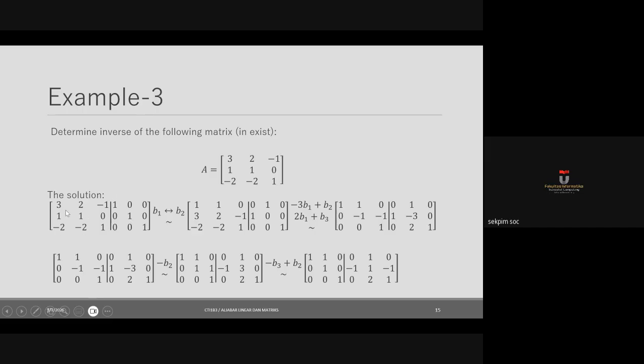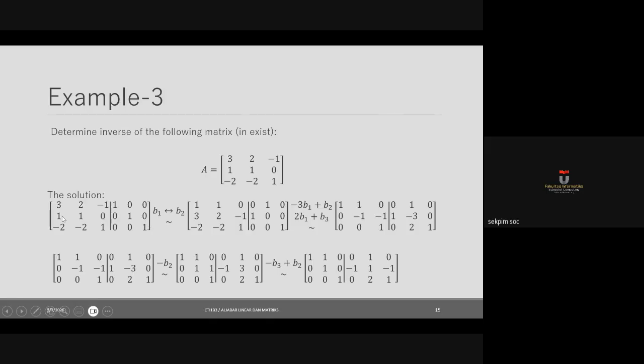So to do that, first we want to determine the first pivot, right? You can see that in the first column, we have element 1 here, which is in the second row. So we can exchange row 1 and row 2 such that we have 110. And don't forget you also have to do the same operation for the right hand side of the matrix.